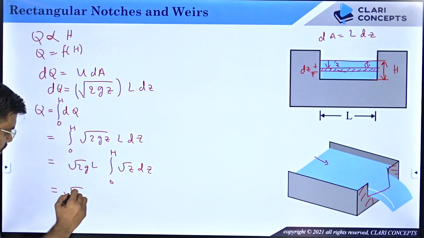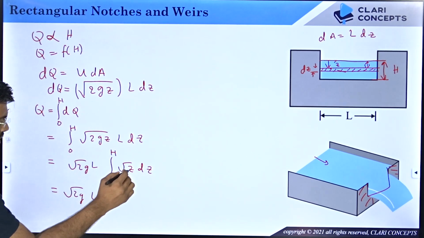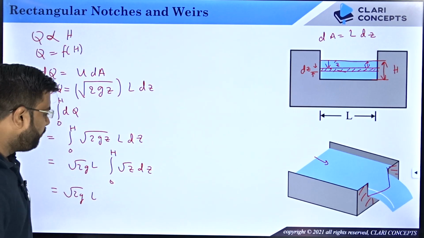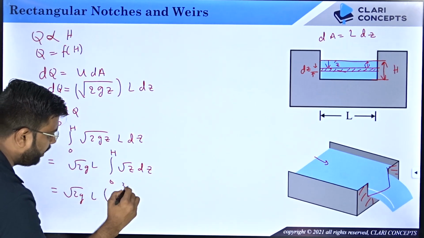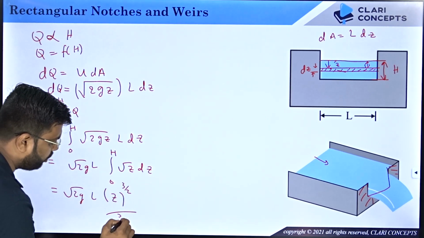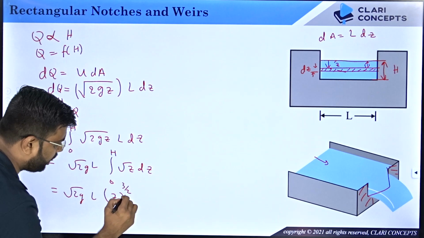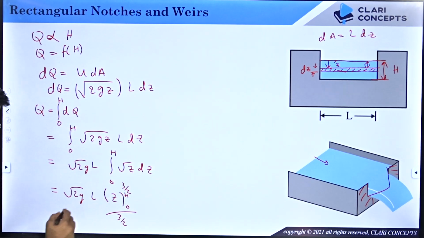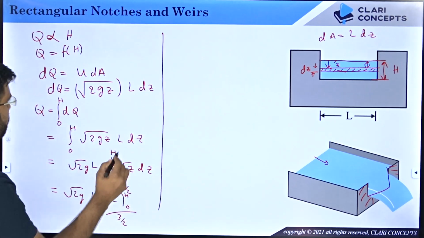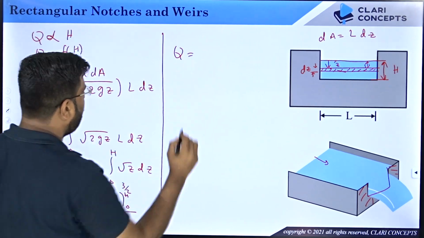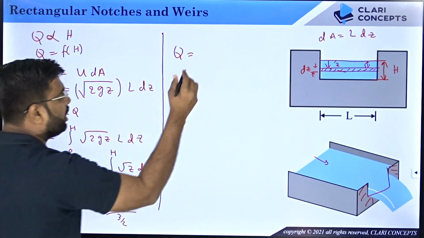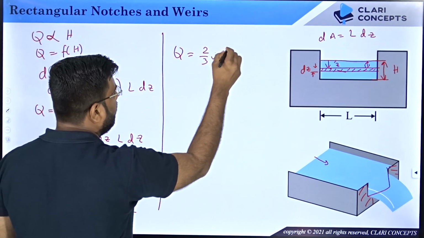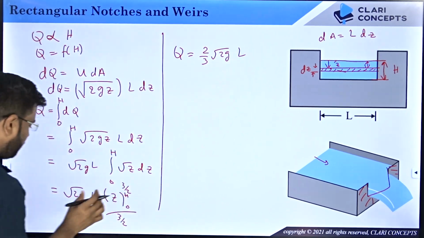Now under root z is z raised to 1 by 2, and if you want to integrate that, you will end up with z raised to 1 by 2 plus 1, that is 3 by 2, upon 3 by 2, and then you put the limits from 0 to h, if you are aware, right? So if I take this 3 by 2 to the right hand side, q will be equal to 2 by 3 under root 2g and L, which is as it is.